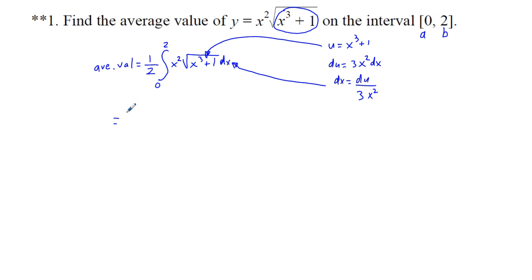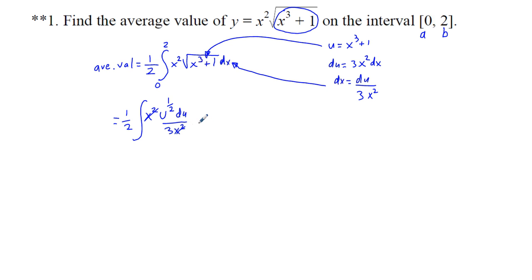So we're going to be equal to 1/2 the integral, and I'm going to have x squared times the square root of this thing here, which is u to the 1/2 power. And then, replacing dx, we're going to have du over 3x squared. And x squared over x squared cancel each other.